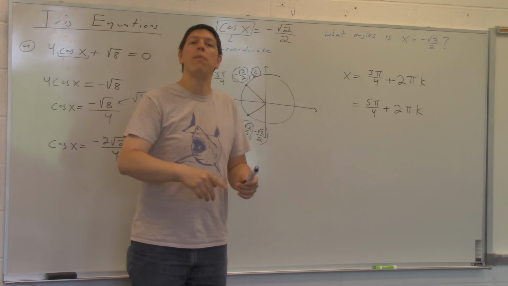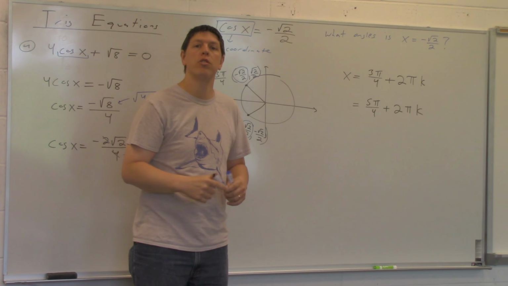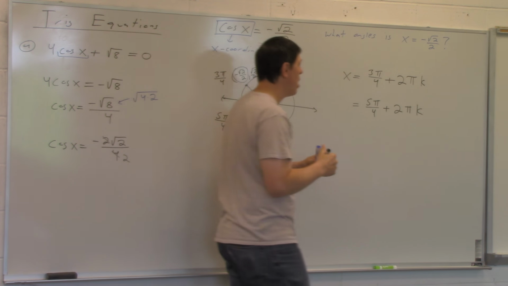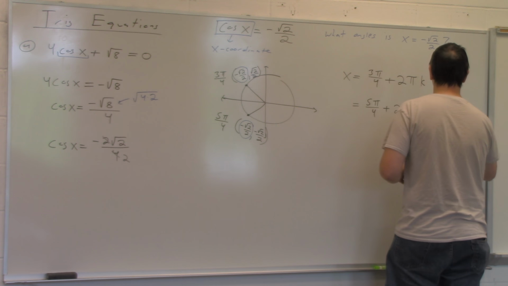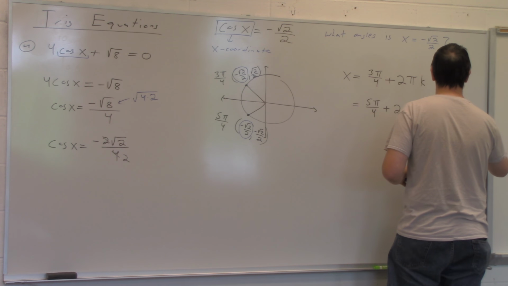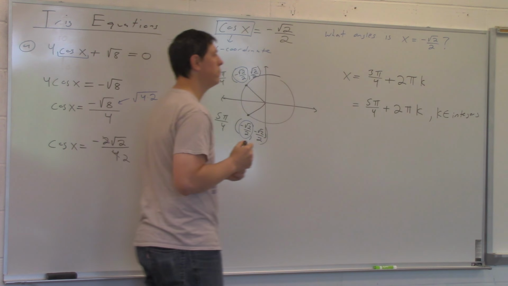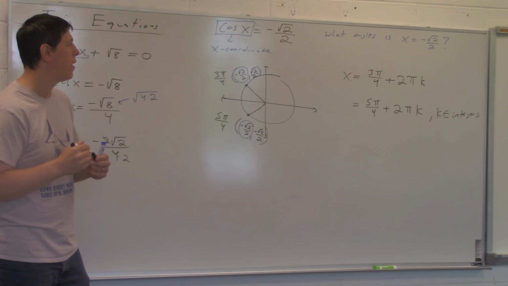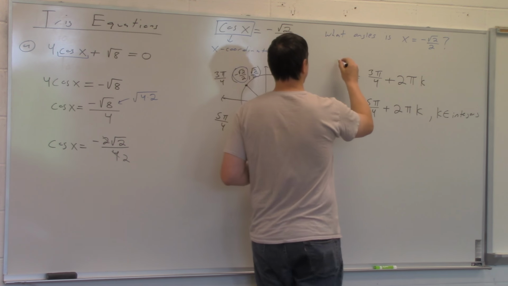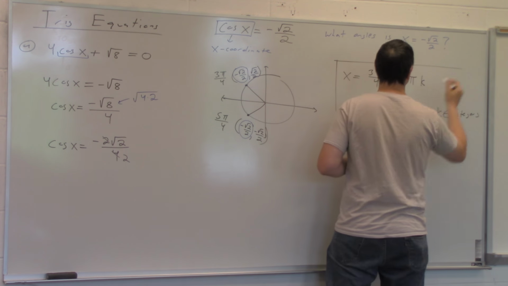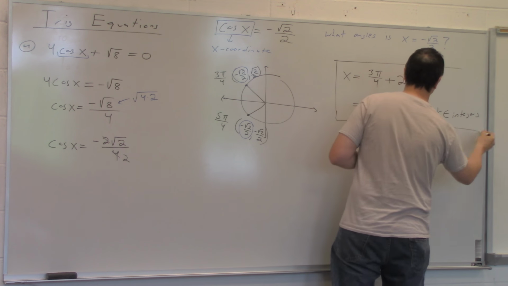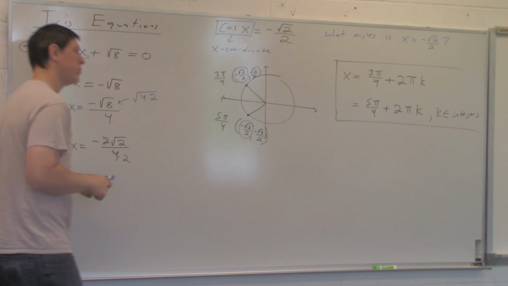Just k means how many times have we traversed the circle in a 360-degree fashion. So what we're going to say is that k is an element of the integers. And this would be the solution, or the solutions, excuse me.